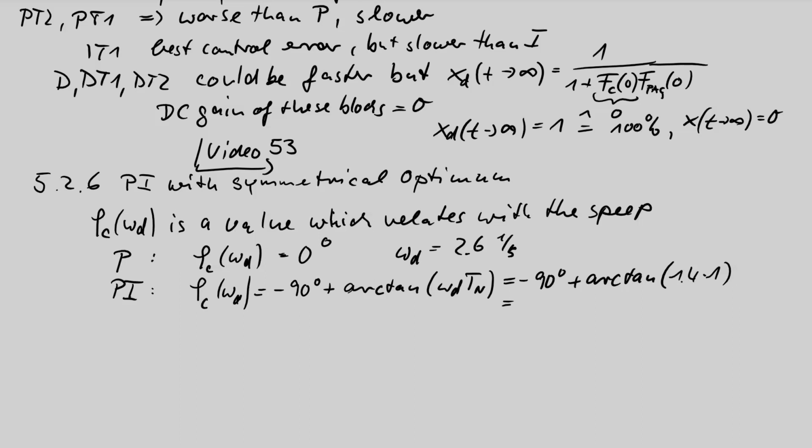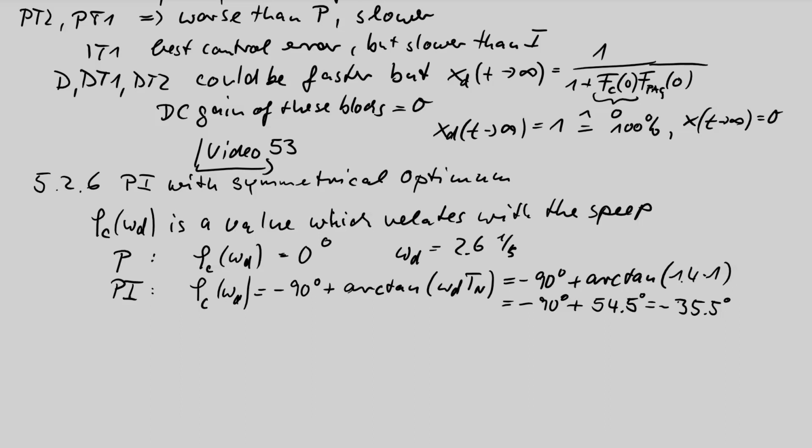Arc tangent 1.4 is 54.5, so minus 90 plus 54.5 is minus 35.5 degrees, all degrees.